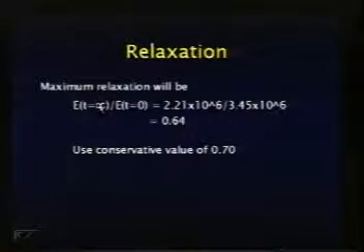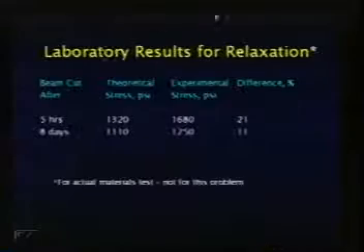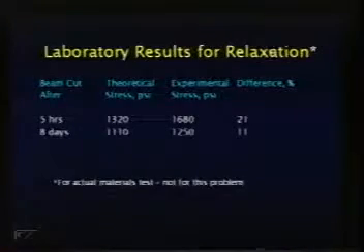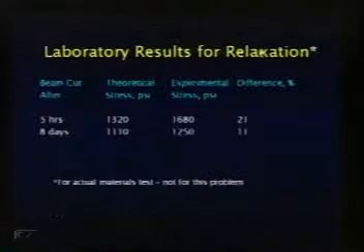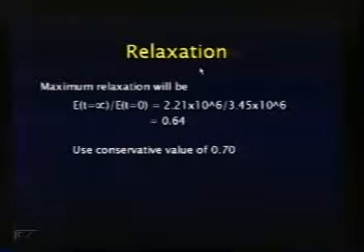If you look at time being infinite over time being t equal to 0, using that ratio, it was a value of about 0.7. So we felt using a conservative value of about 0.7 would be appropriate. For the worst case, you'd find a relaxation of about 0.7 for your modulus of elasticity.